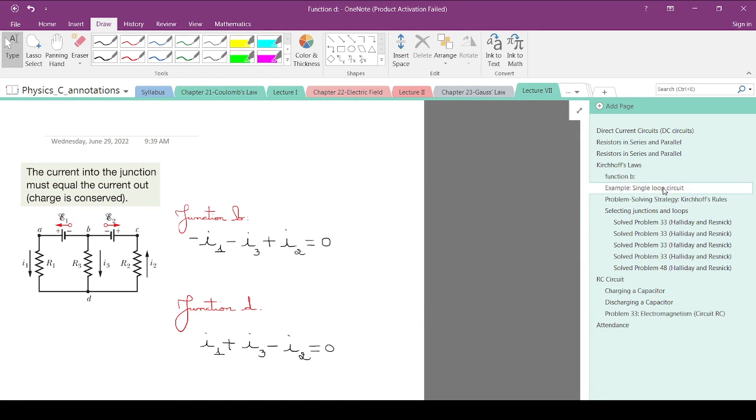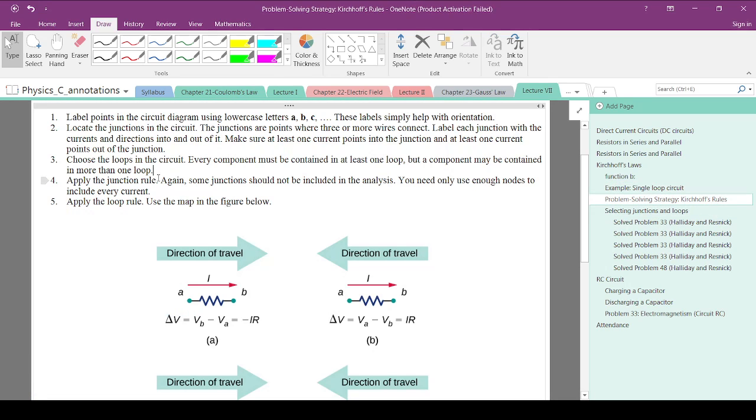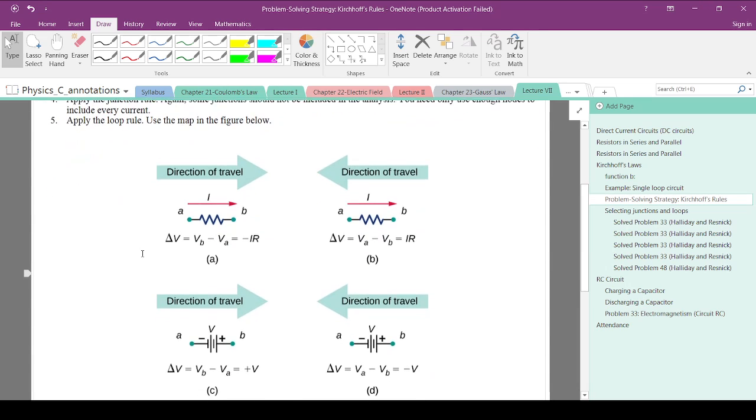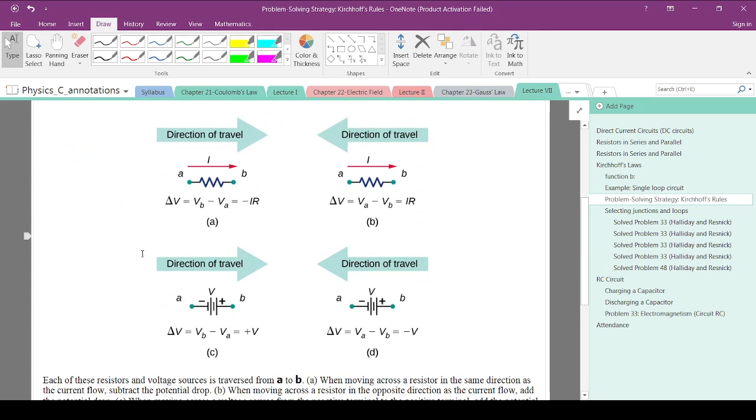Let's go for our strategy. Then, guys, you just apply the junction rule. You write those equations, being consistent, and you apply the loop rule, and that's it. And then you'll be happy. You just have to remember two things, guys.